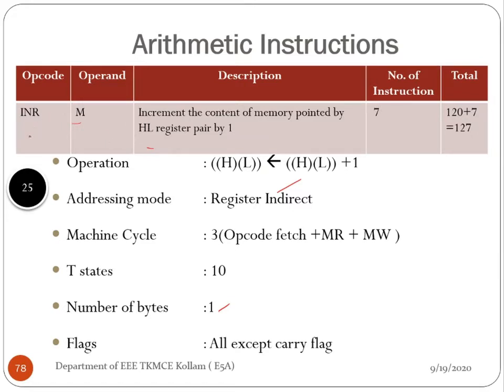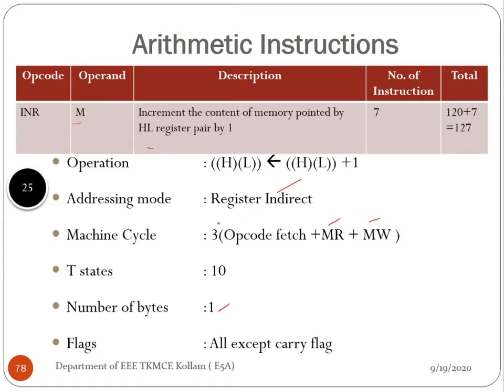That operation is memory read. Then we need to do some addition on that content. That means after adding 1 to that content, again we need to save the result into that location. So memory read is required and memory write is also required in order to save that result after incrementing.